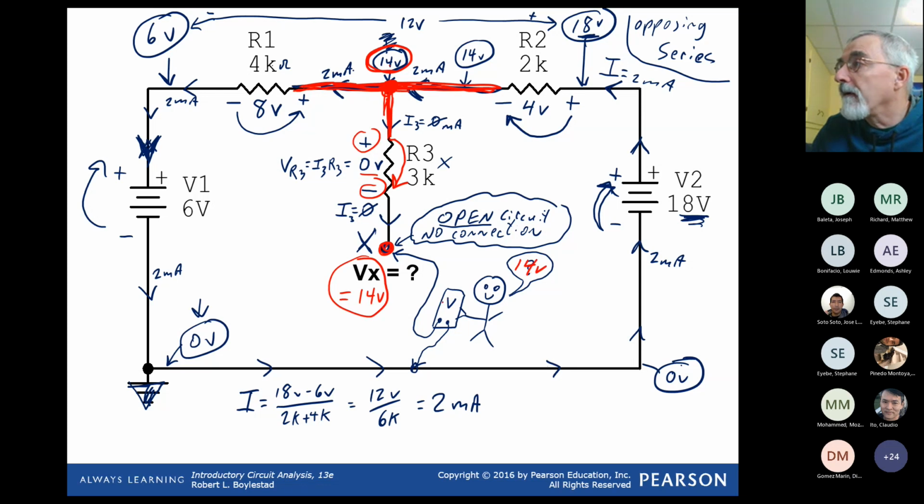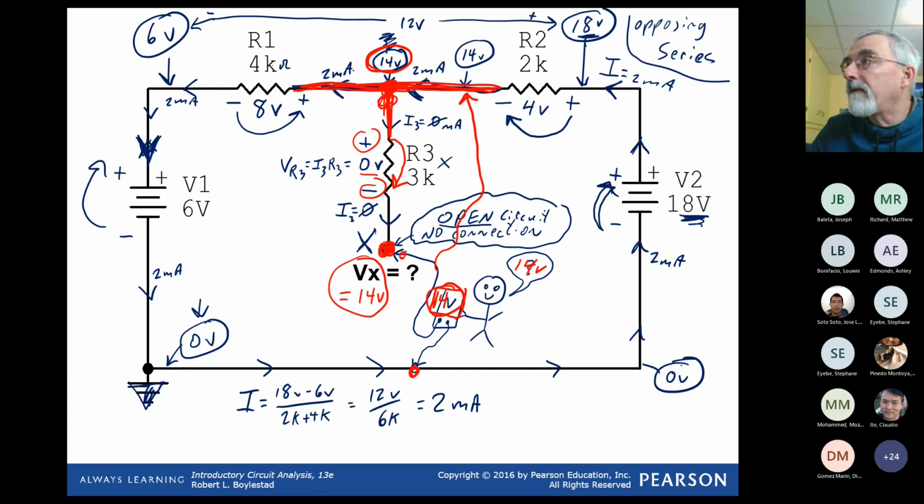So we're going to measure here. Our multimeter will measure 14 volts. It says point X is 14 higher than ground. Now, what's a little tricky is we could move this wire and bring it up here, and we would also measure 14.